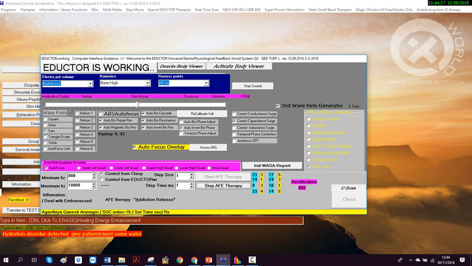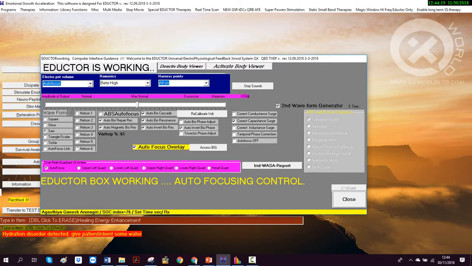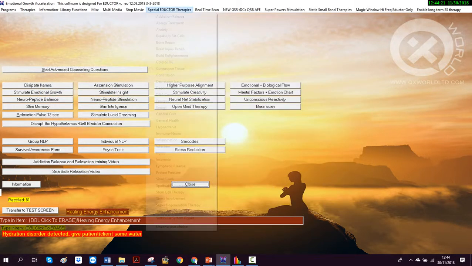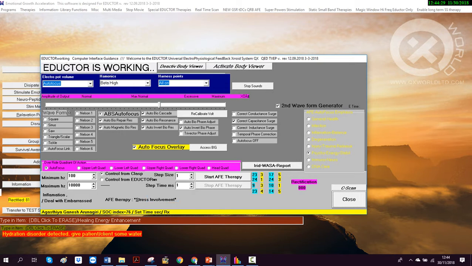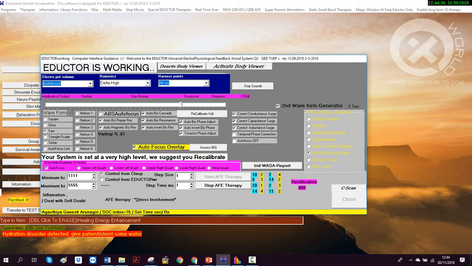If I close here and look at all the others, whatever need, stress involvement, let's say that there is stress in here, I can just start and it will tell me what is the emotion that creates the stress. Okay, this is what is so interesting.